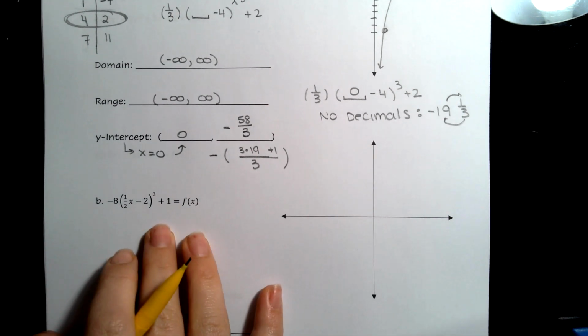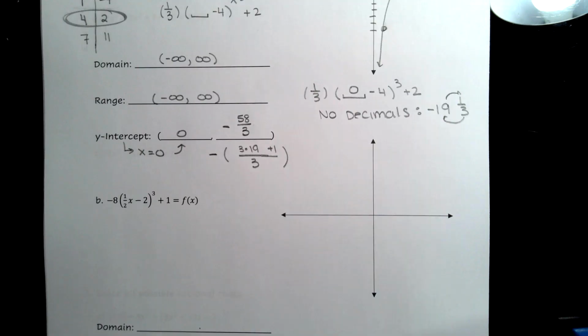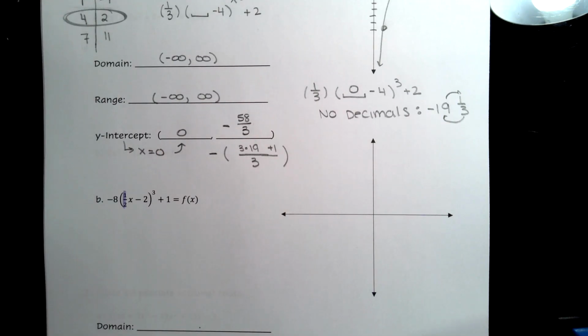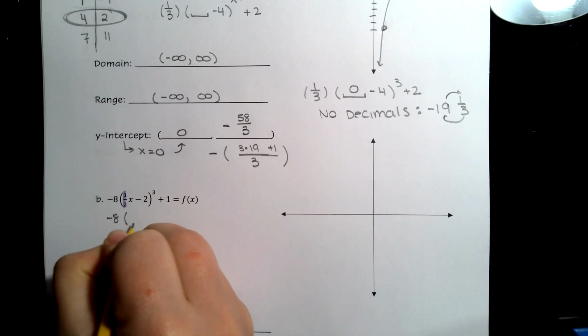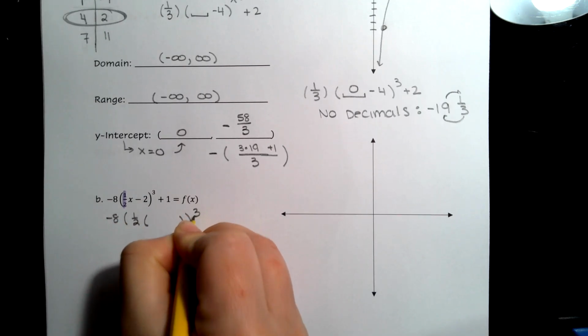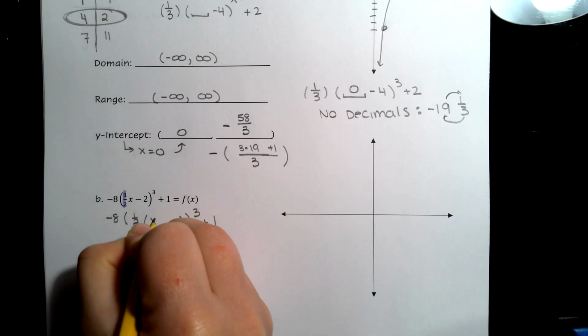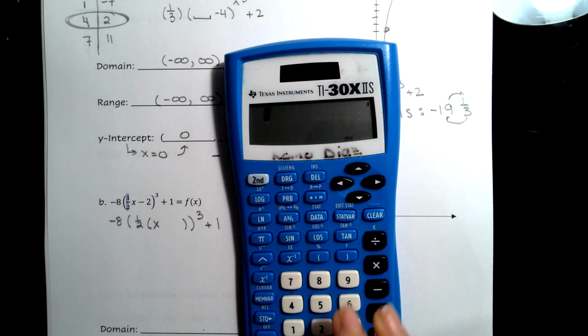Okay. The only difference with what we did in A versus B is that notice that there is a, no pun intended, B value. So we need to factor that out. We get negative 8, open, 1/2, open. And then in order to do that, we're going to divide this 2 by that 1/2.